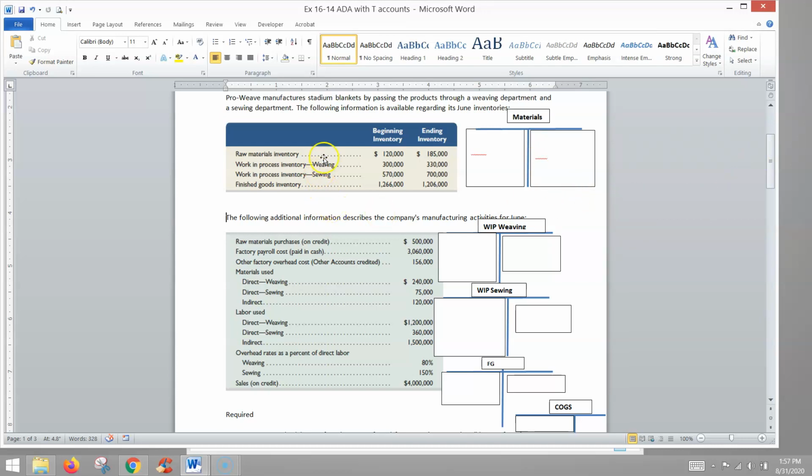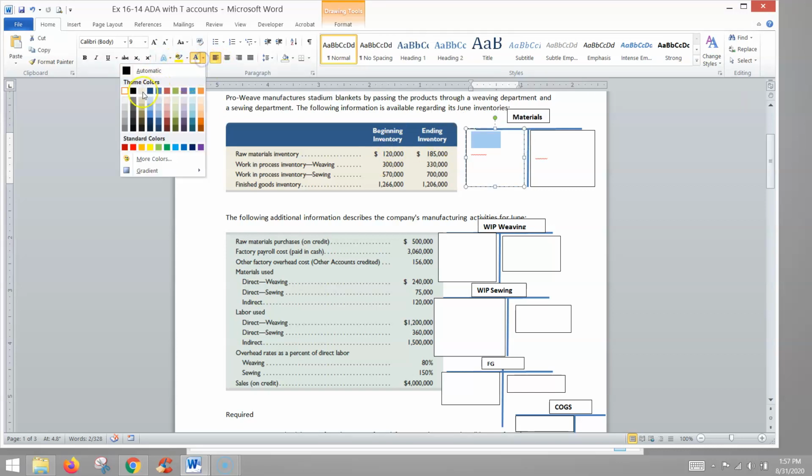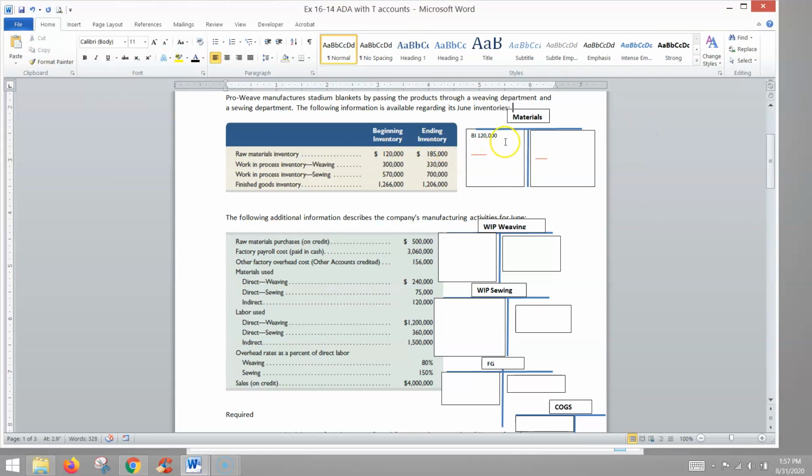Okay, so I'm going to go ahead and put in my beginning and ending balances. Materials has beginning inventory of 120,000 and ending inventory of 185,000.